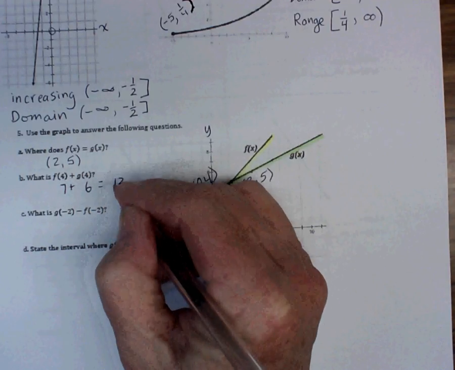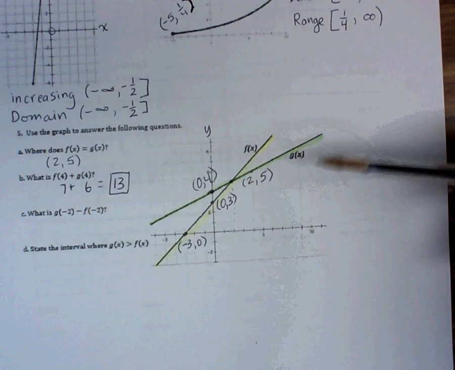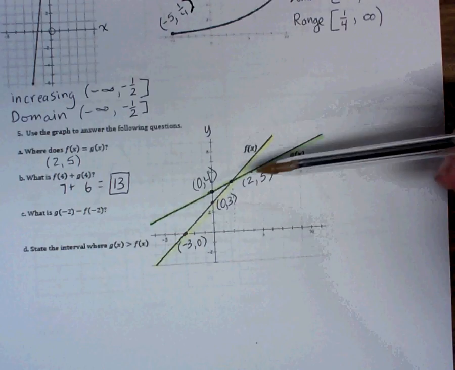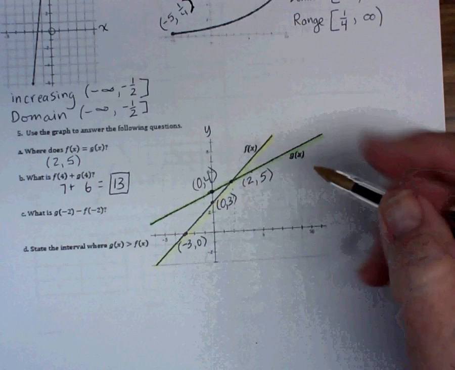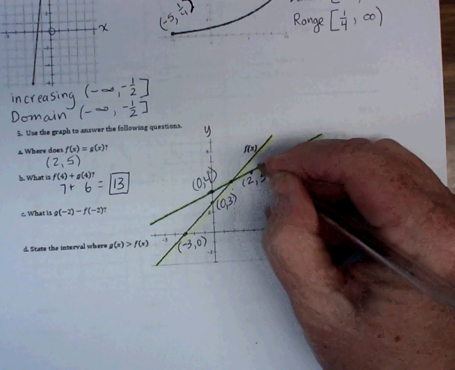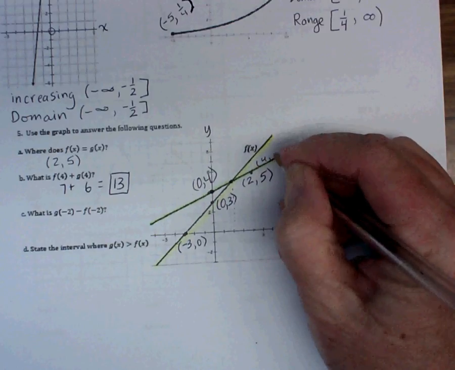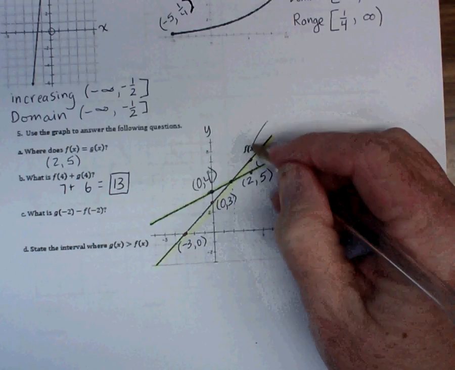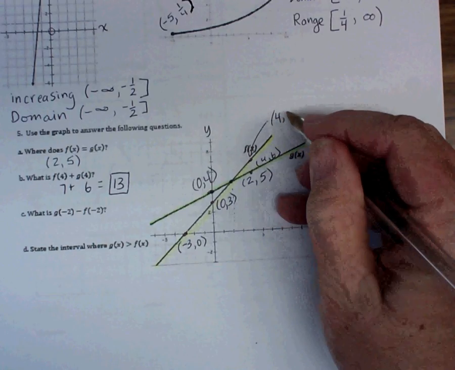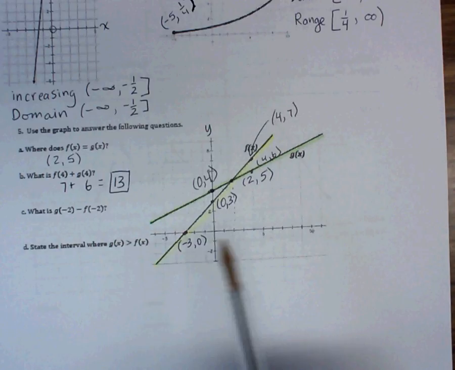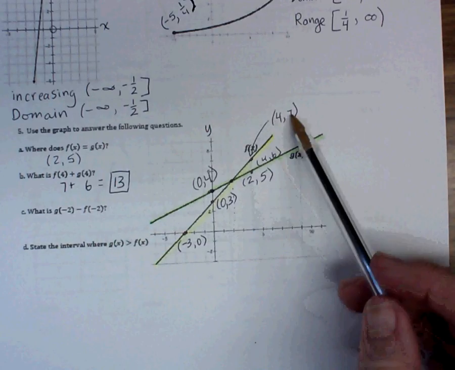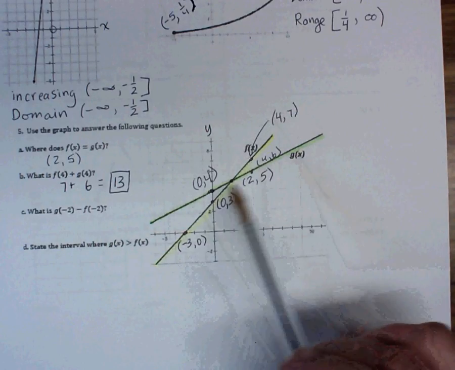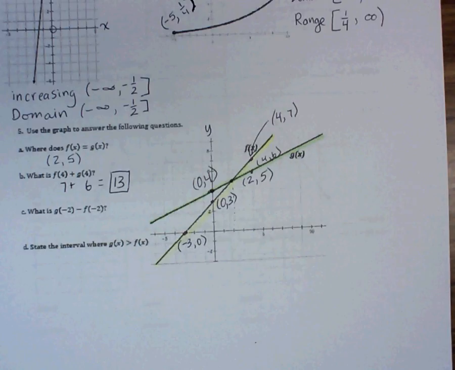So that's all they're asking there: look at the graph, look at the line, and identify the point on the line. This point was 4, 6, and this point was 4, 7. So f of 4 was 7, and g of 4 was 6. Just add them together.